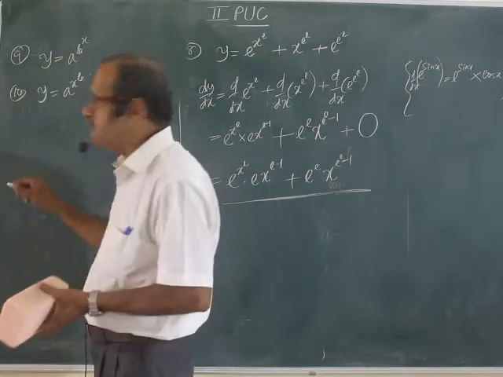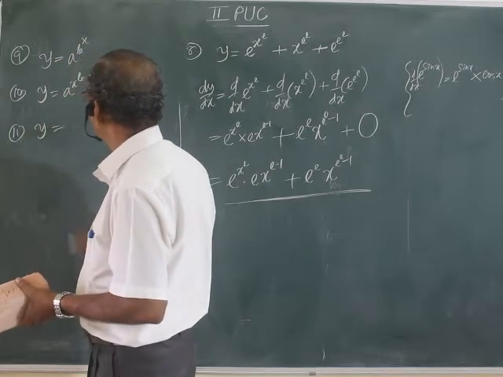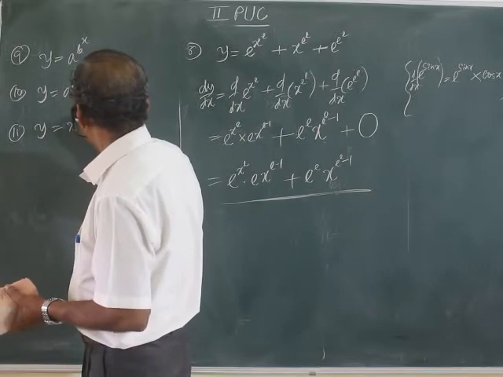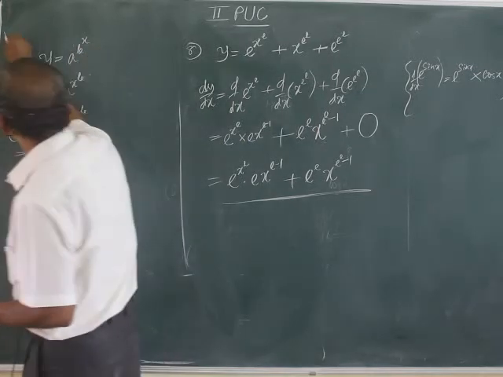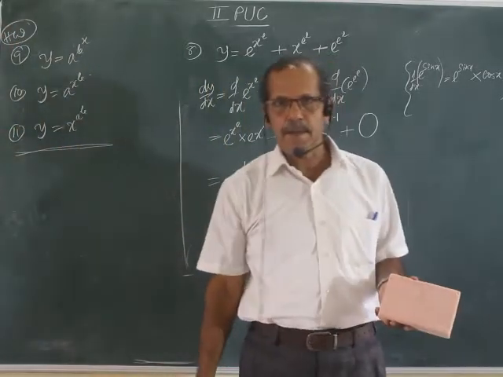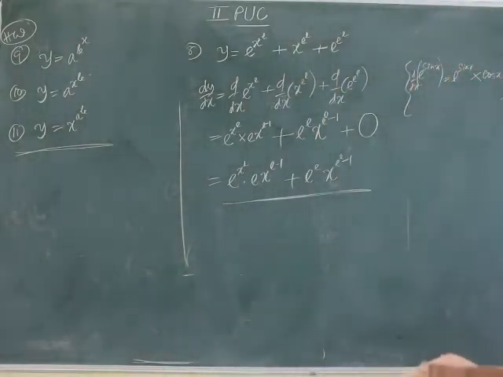I have given separately. Y equal to x to the power a to the power b. Enough. Just try these problems. I have given separately the problems. Okay? Same method, chain rule, you can apply that.